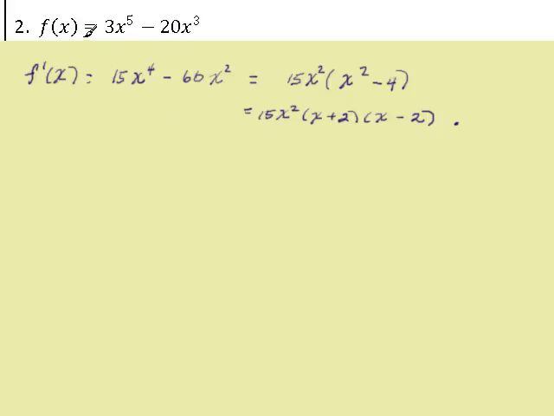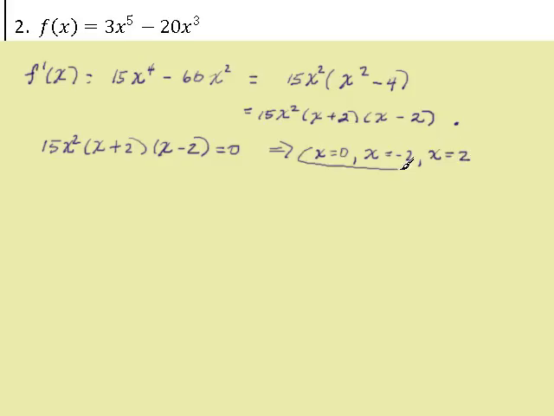Since f of x is a polynomial, the only critical values will be where f prime is equal to 0. So if we check where f prime is equal to 0, we can see it just from that factorization. We have x equals 0, x is equal to minus 2, and x is equal to 2.